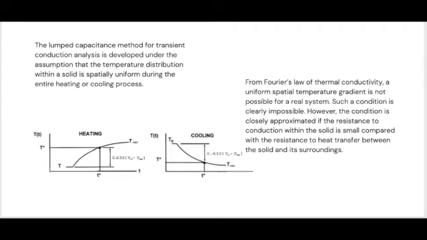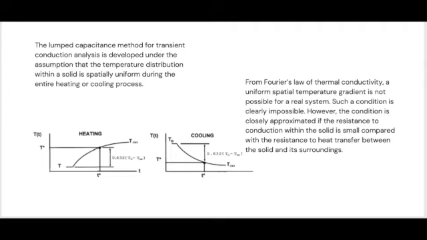The lumped mass capacitance is a method for conduction analysis developed under the assumption that within the solid, for both cooling and heating processes, the temperature distribution is uniform. From Fourier's law of thermal conductivity, a uniform spatial temperature gradient is not possible.